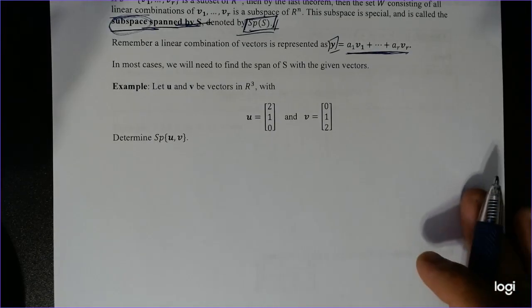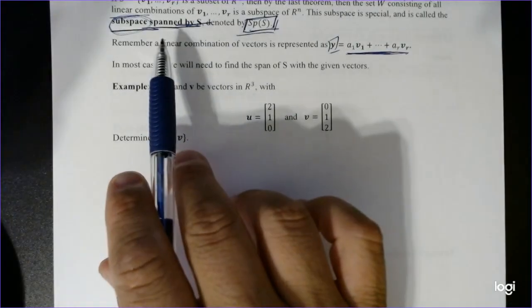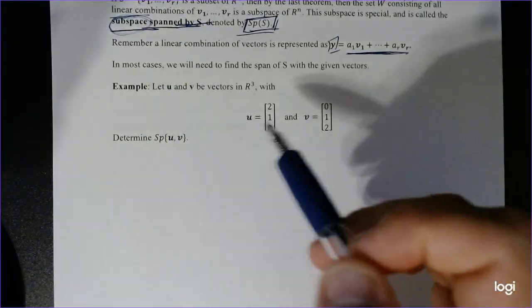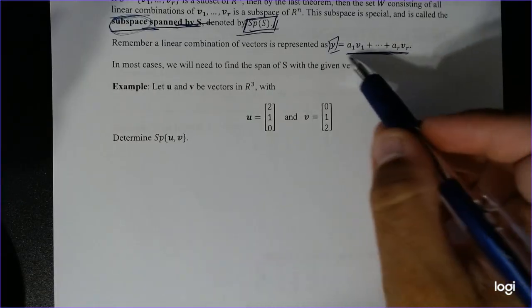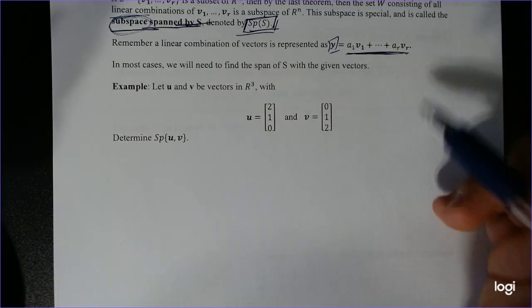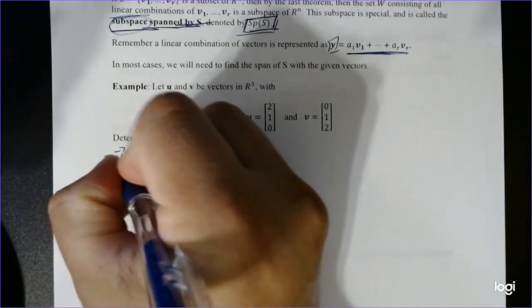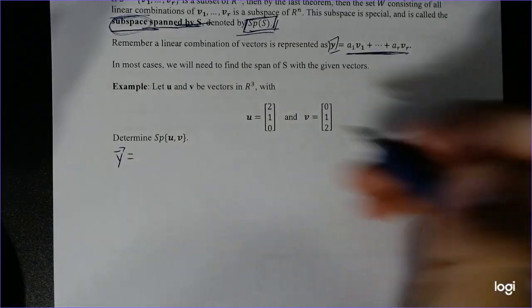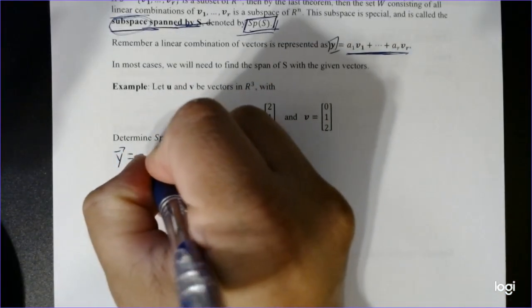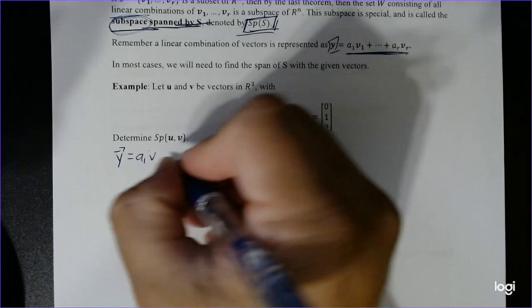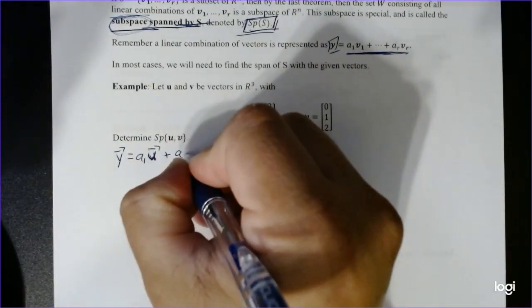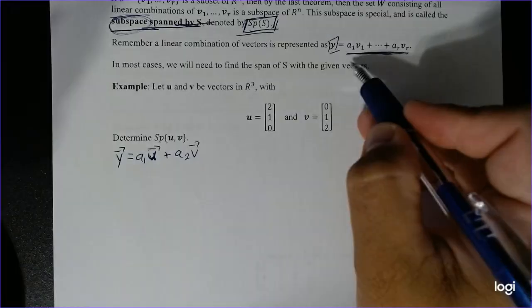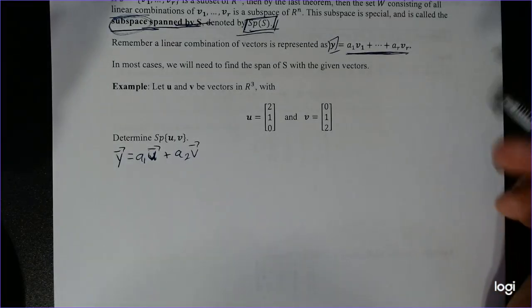In other words, we want to find the subspace bounded by these two vectors. If we follow this linear combination template, we have vector y equal to a1 u plus a2 v, and those are my vectors there.